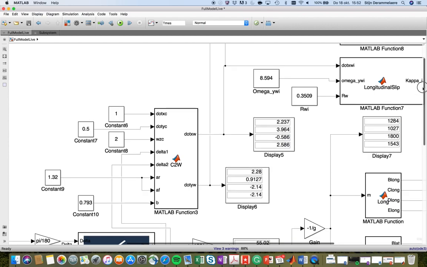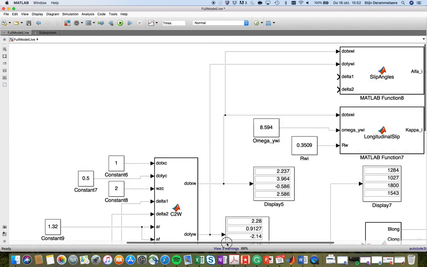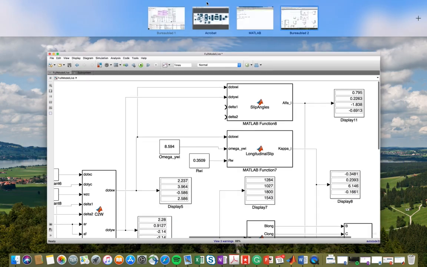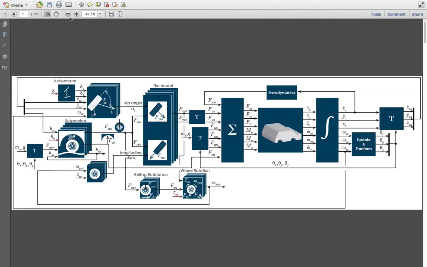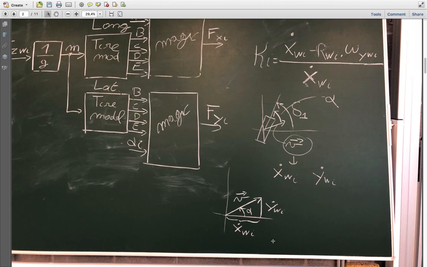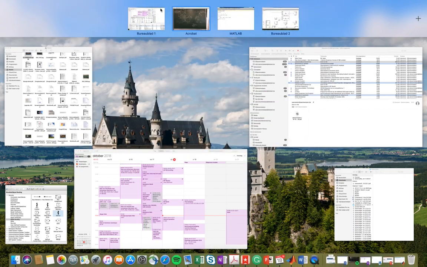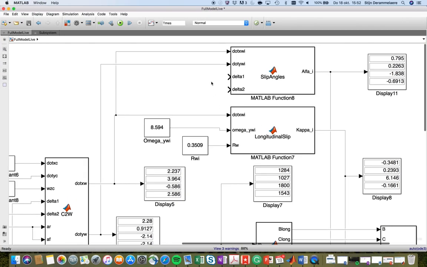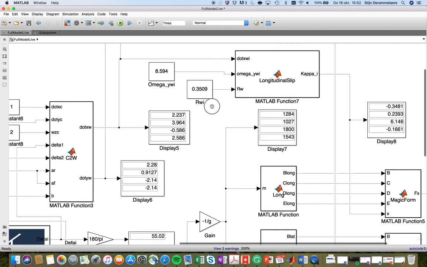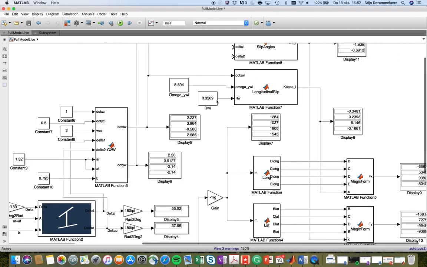We use this for the slip angles and the longitudinal slip, so that's just a matter of implementing this formula and implementing this drawing. As you can see, I also provided an input for delta 1 and delta 2, but I have not connected them yet.